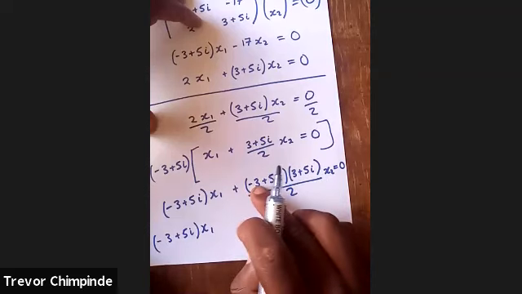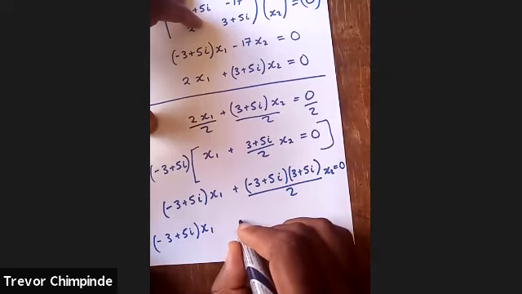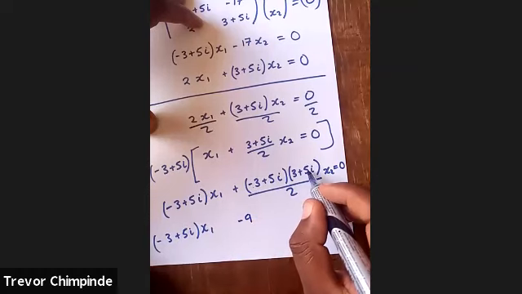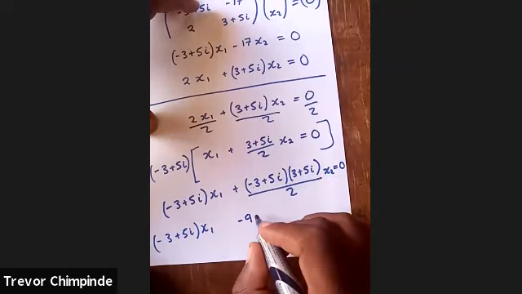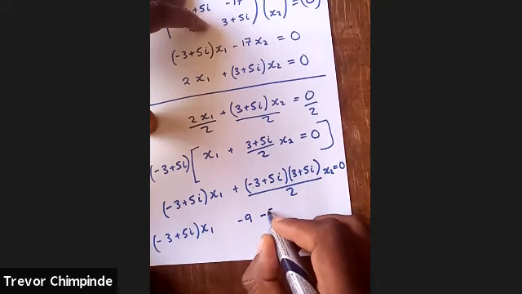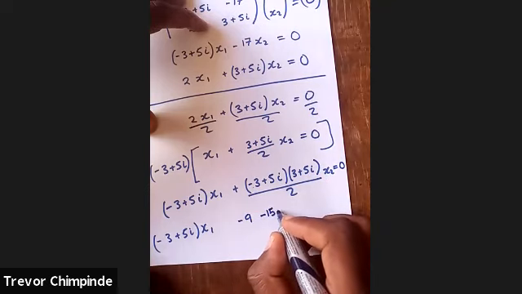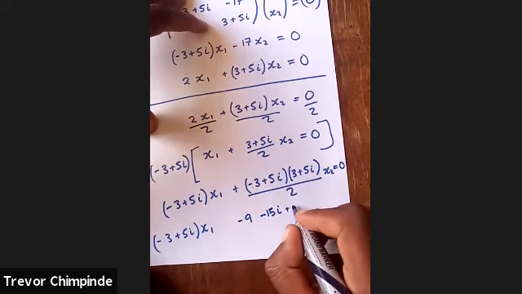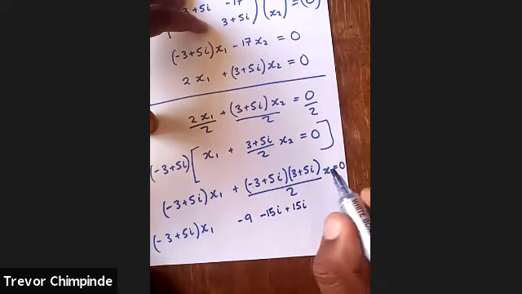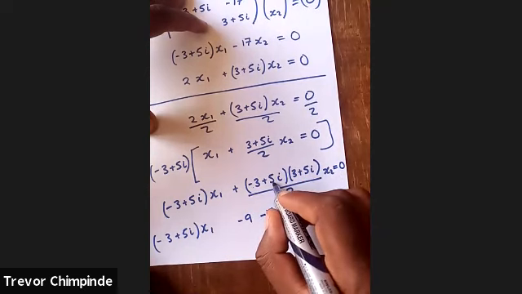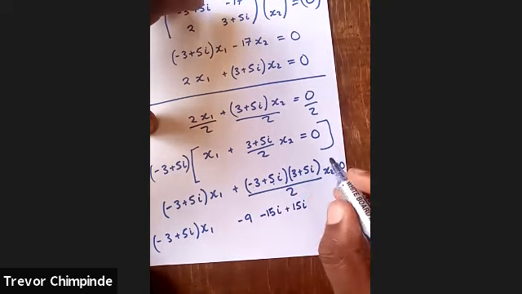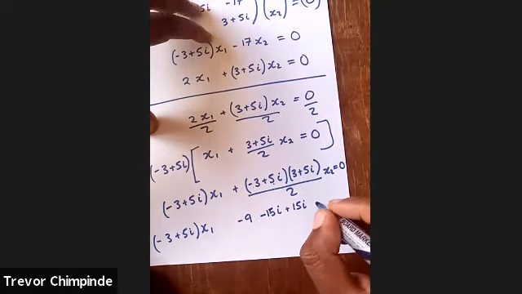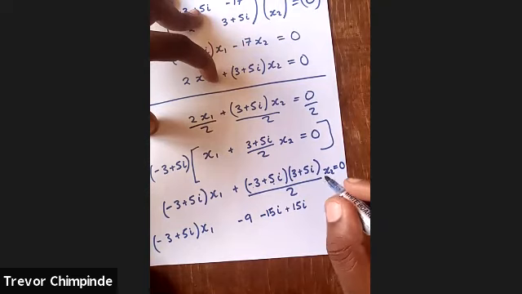It's negative 3 times 3, that will be minus 9. Negative 3 times 5i, that will be negative 15i. Then 5i times 3, that will be positive 15i. Then 5i times 5i will give us negative 25, right?